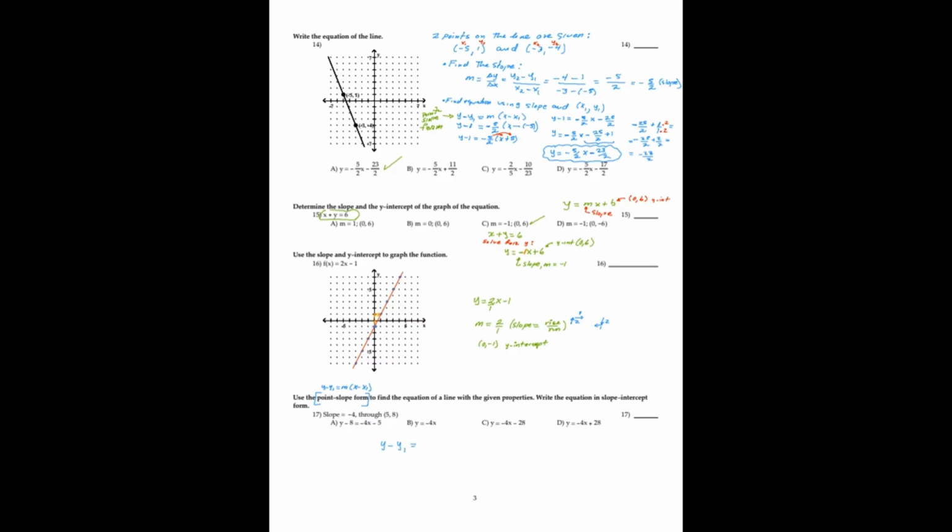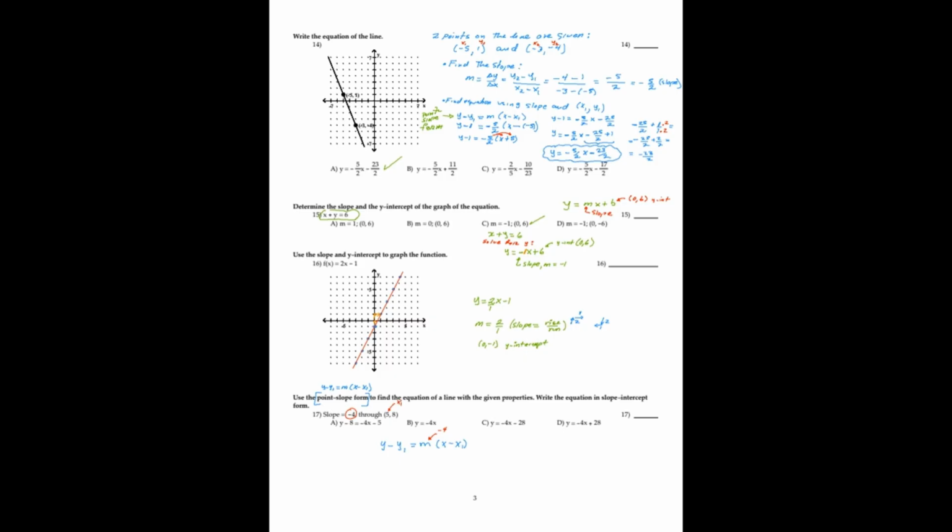Now, what is the slope? As you can see here, the slope is negative 4. So this value would be negative 4. Now, passing through (5, 8), this would be x sub 1, and then this one would be y sub 1.